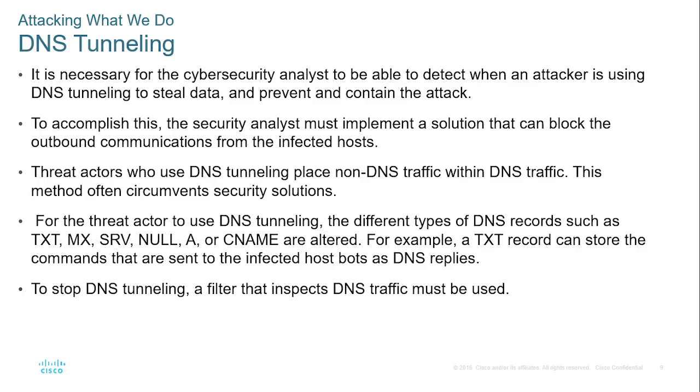DNS in itself has different types of records. We have TXT, MX, SRV, null, and so on and so forth. Maybe in future we'll break down DNS, but I don't know whether we looked at it before, so I'll check and see. If not, I'll also upload a video on the same.